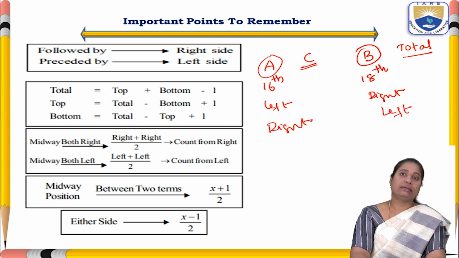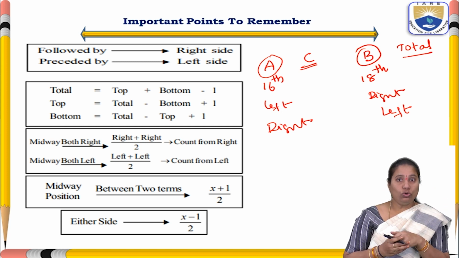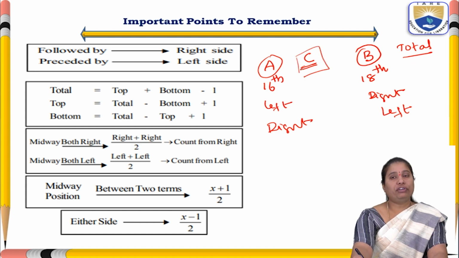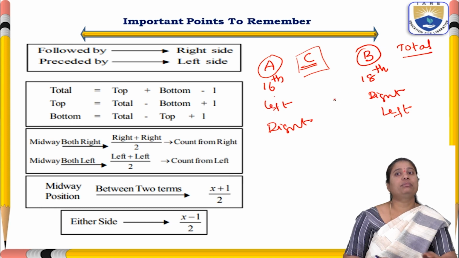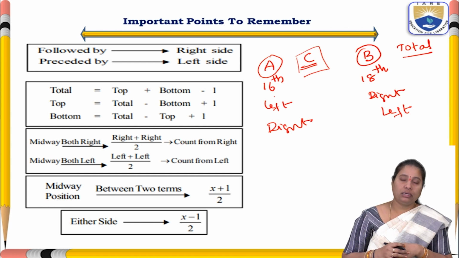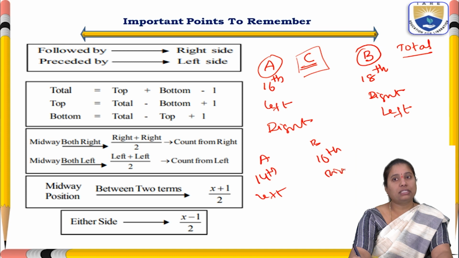Which means if one single person's left position and right position, top or bottom position, or front or back position is known, then only is it possible to know the total strength, and if the total strength is known, then only is it possible for us to calculate the position of C, if C is in between A and B. So in a given problem, if A's position is given as 16th from the left side and B's position is given from the back side as 18th, we can't calculate the total strength because we don't know the number of people in between A and B. Also, if A's position is 14th from the left and B's position is 16th from the right, again we can't calculate.